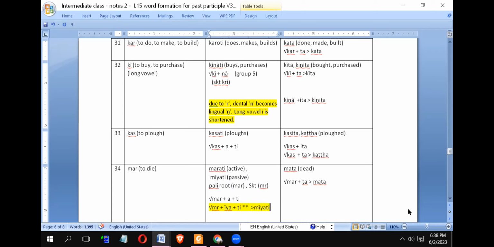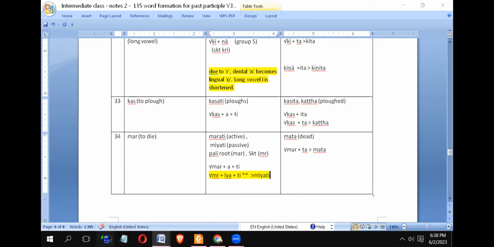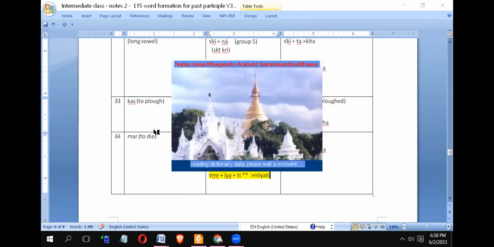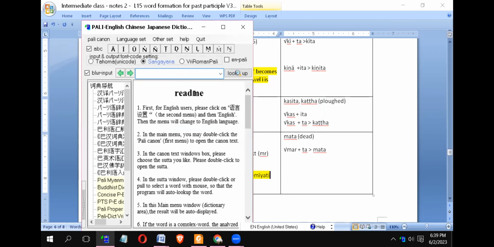So that's why sometimes when you study, it's better, you have already installed the PCAD, but always look at the dictionary, the Pali Text Society, because the Pali Text Society will give you the Sanskrit root. You will see like Marati.